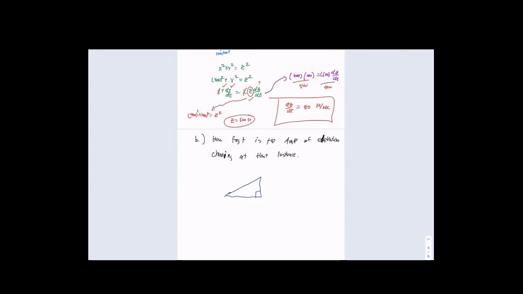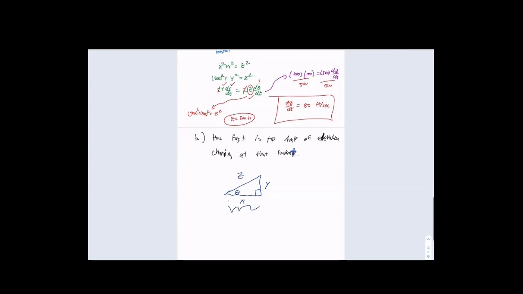So in this problem, x, y, z, the angle of elevation is right here. We know that this is 300. Always use constants.